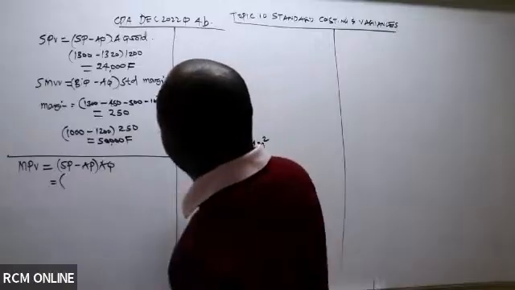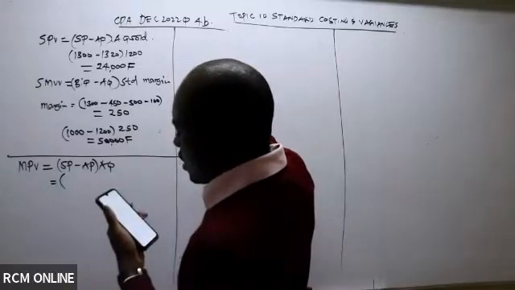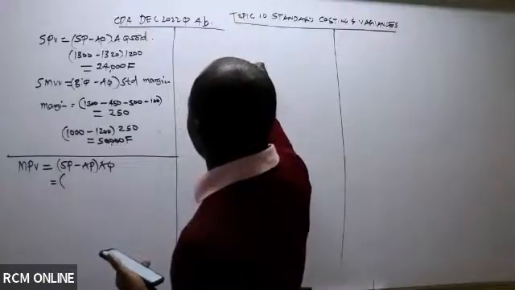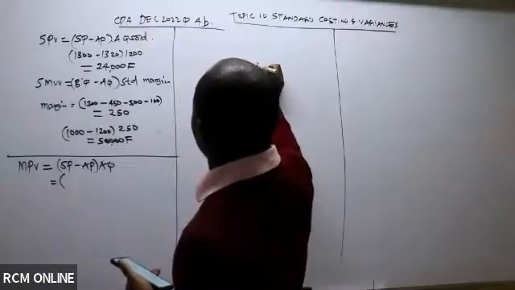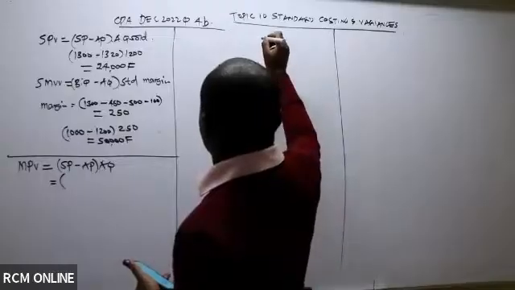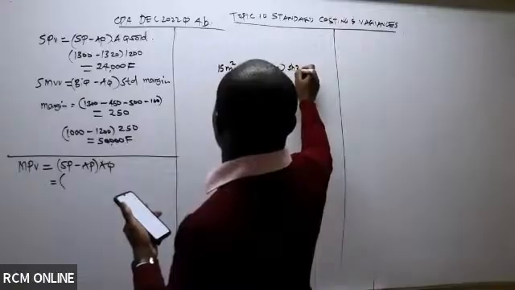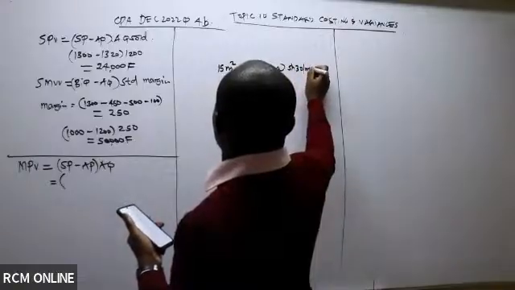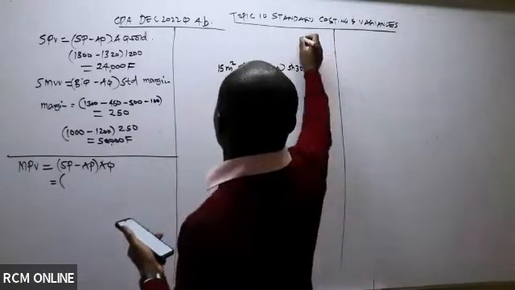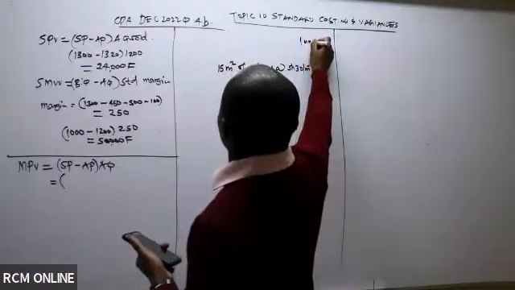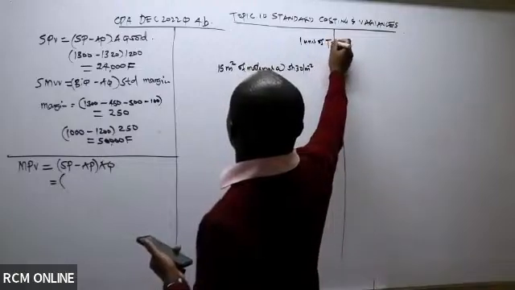They have said the company needs 15 square meters of material at 30 shillings per square meter to produce 1 unit of TT.